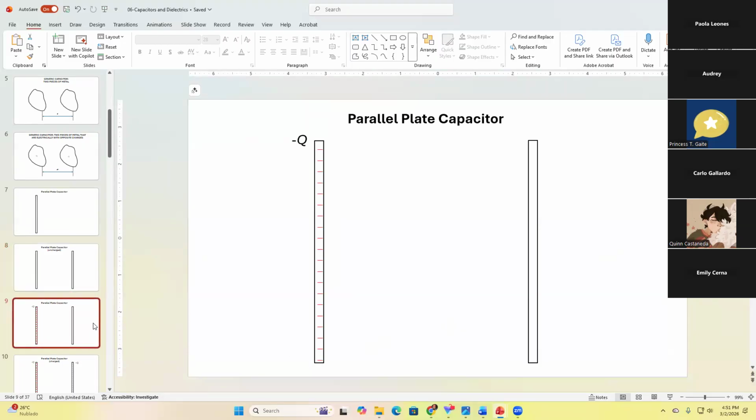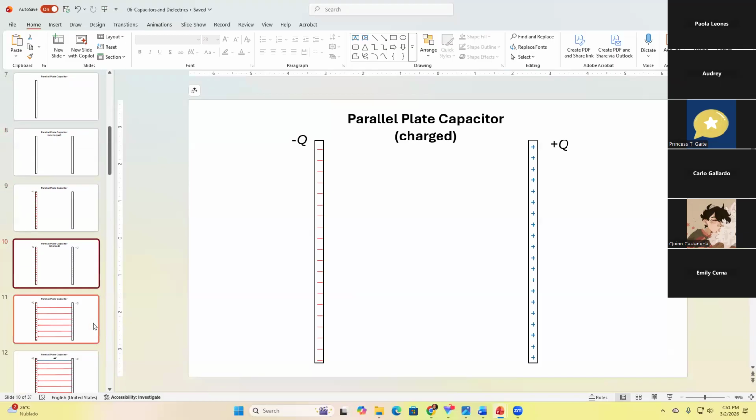I'm charging the left plate, connecting the left plate with the negative polarity of my battery, and I'm going to connect the right plate to the positive polarity of my battery.